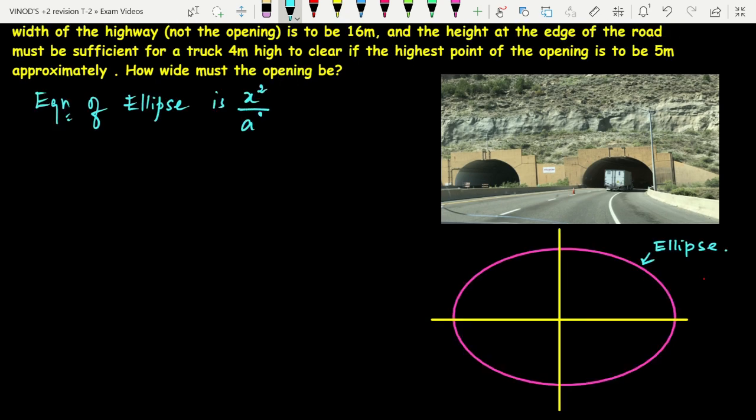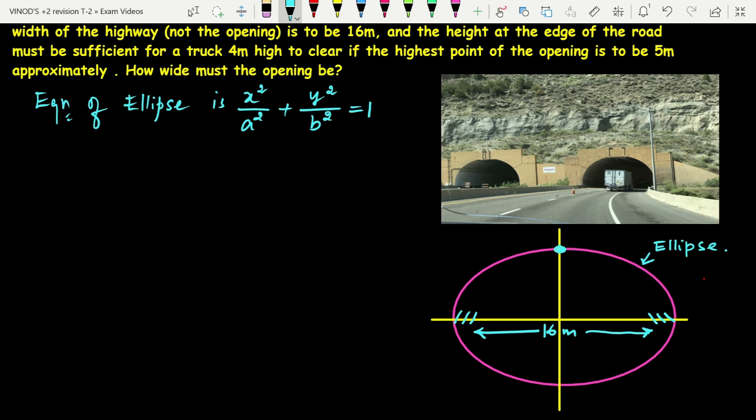Equation of horizontal ellipse is x square by a square plus y square by b square is equal to 1. What they have given? Not the opening. Not the opening means leave some space on the left side and right side of the ellipse. So this width is given to be 16 meters wide.